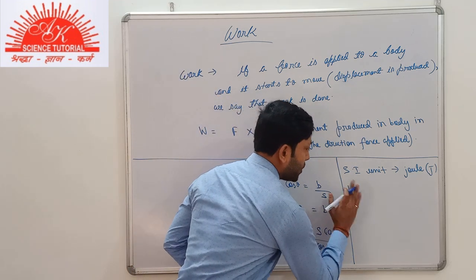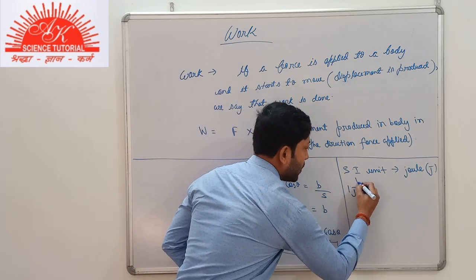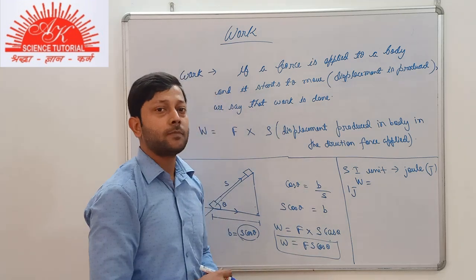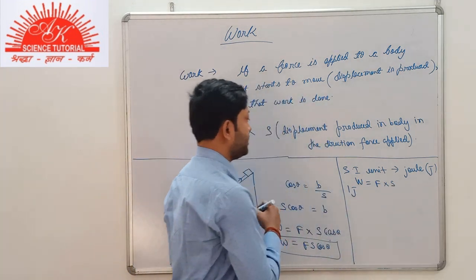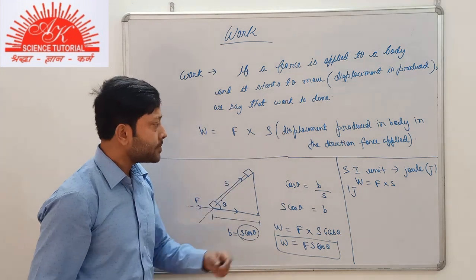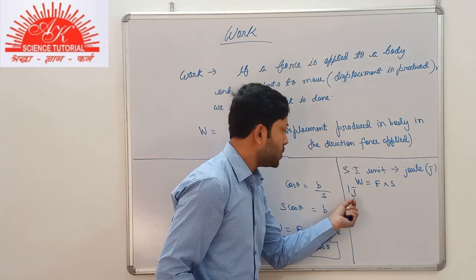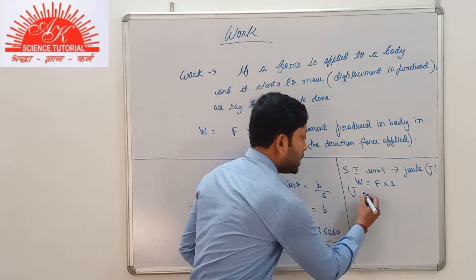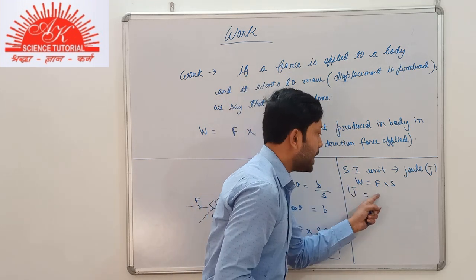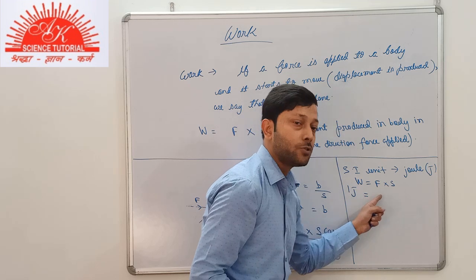So the very first part, we will write the formula for work. What is it? F into S. 1 joule of work. Obviously joule is the SI unit for work. So we will take the SI unit for these quantities also.